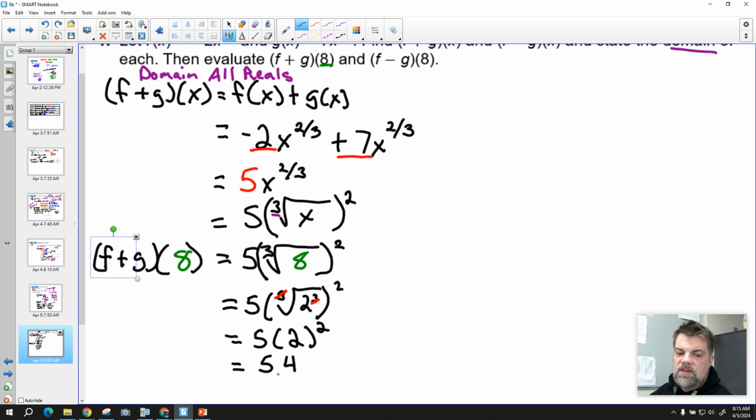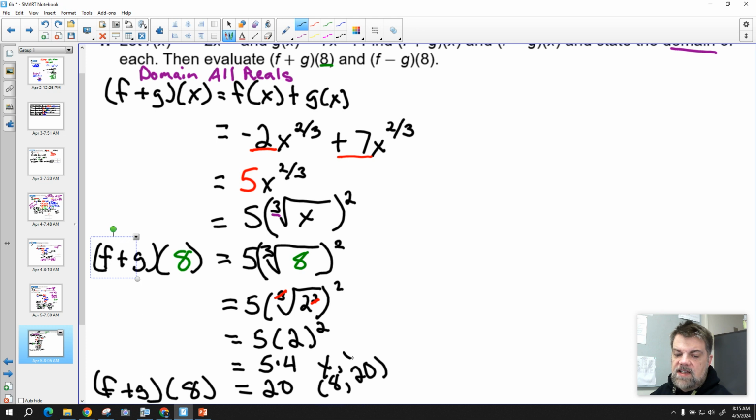Because I got to do the exponents first. And then what's 5 times 4? 20. So in other words, f plus g of 8, I get 20. In other words, if I graph this, there will be a point on the line 8, 20. I put in my value for x, and it spits out the y value of 20.